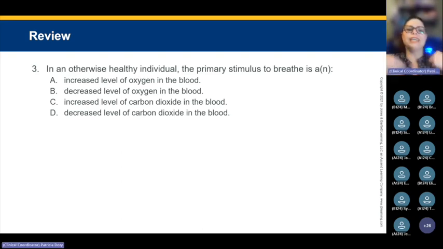In an otherwise healthy individual, the primary stimulus to breathe is A, increased level of oxygen in the blood, B, decreased level of oxygen in the blood, C, increased level of carbon dioxide in the blood, or D, decreased level of carbon dioxide in the blood. This is tricky, and it's okay if you get it wrong. Just answer. Go with your gut.